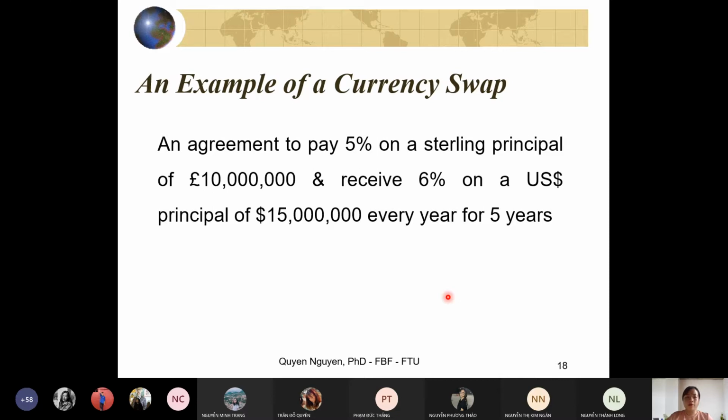So above, we have already reviewed a very simple swap related to the interest swap between two parties or with the involvement of the financial institution. We also have many other kinds of swaps, and one of the swaps that we consider would be the currency swap, right?